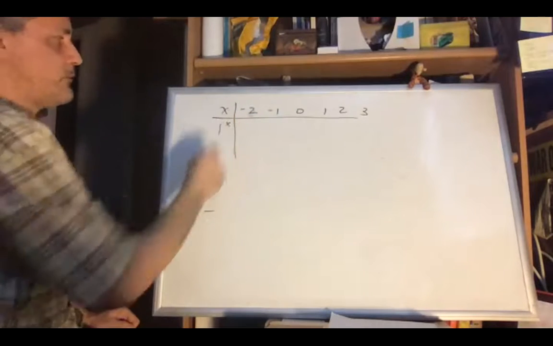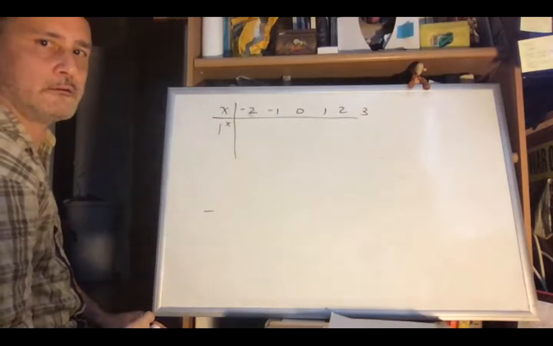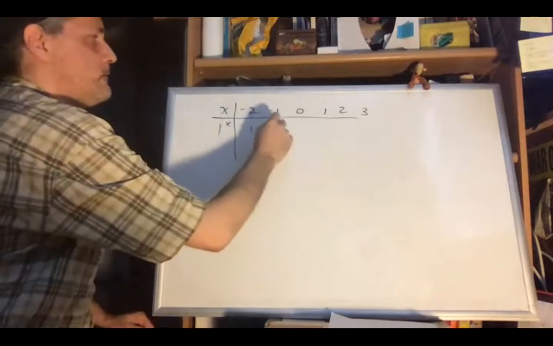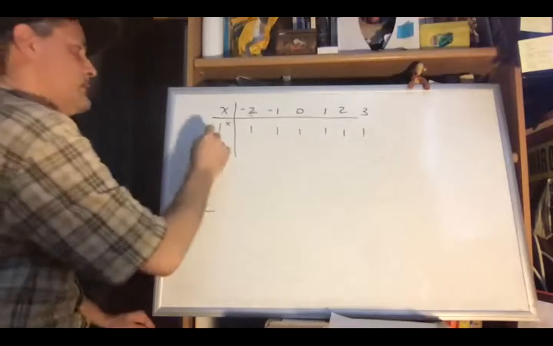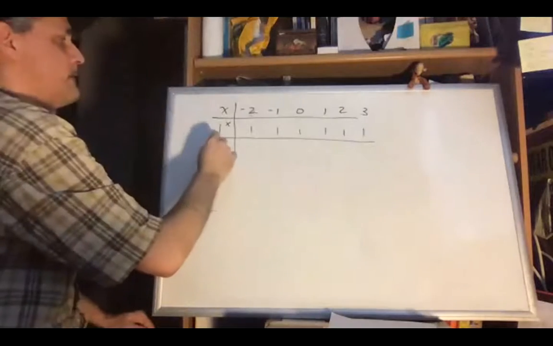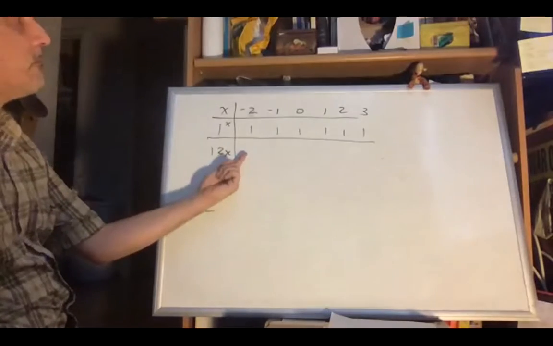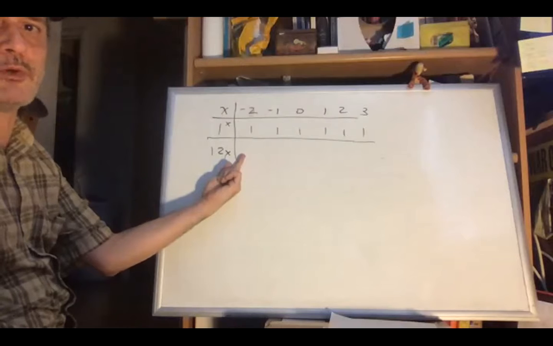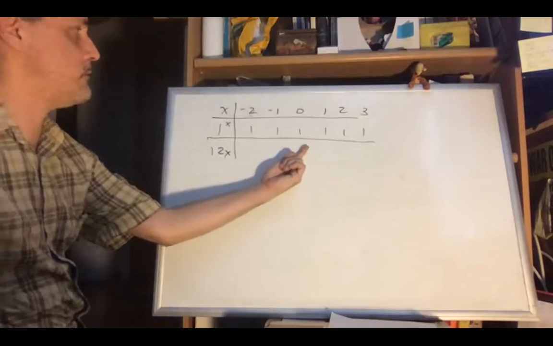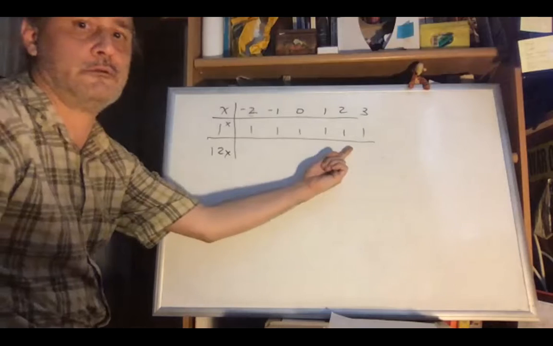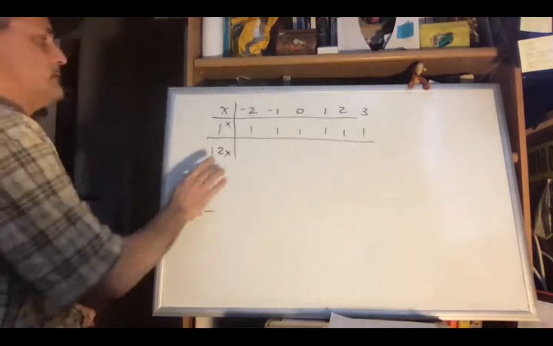So if we're going to use a base of 1, these are always going to be 1. If we use the linear scale, then this would become negative 24, negative 12, 0, 12, 24, 36.